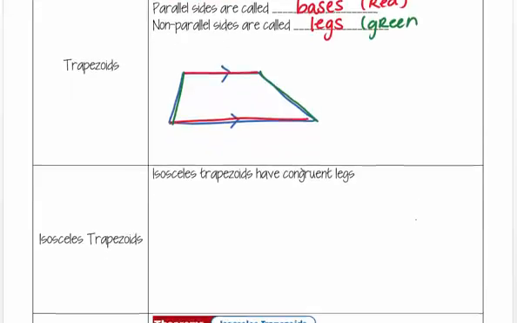So the trapezoids that we're going to talk about in this class are called isosceles trapezoids. So think back to an isosceles triangle. You knew that these two things were the same, and that told you that these two angles were the same. Well, an isosceles trapezoid is like somebody took an isosceles triangle and chopped this off.